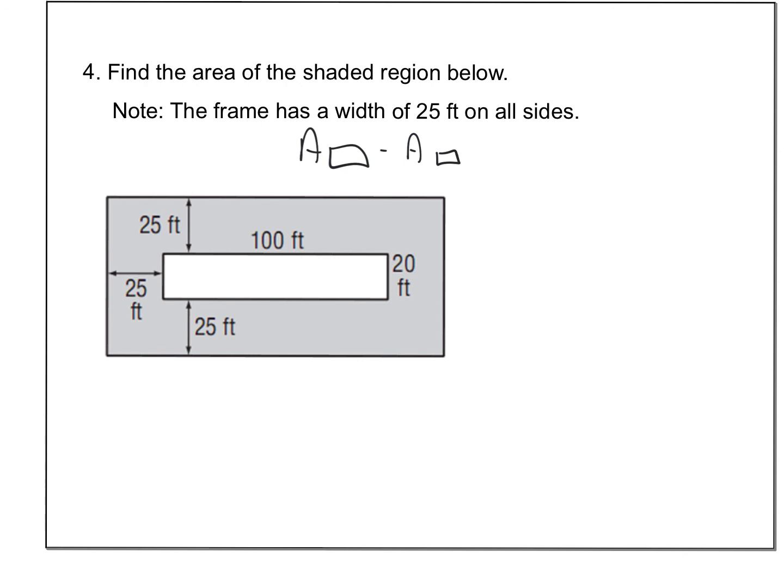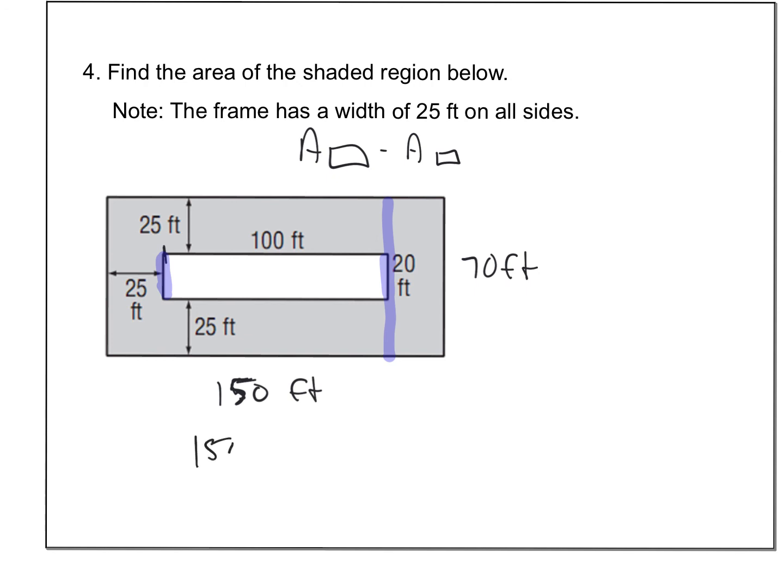If my middle piece right here is 100, and it's 25 on each side, that makes it 150 feet. And if this length right here is 20, and then it's 25 on either side, that's going to be 70 feet.